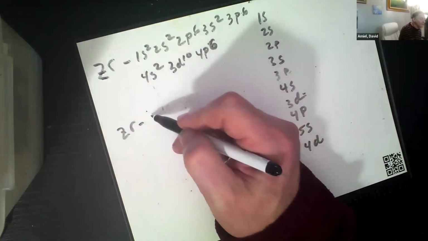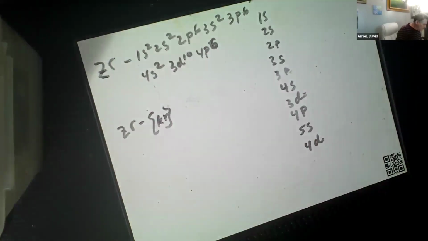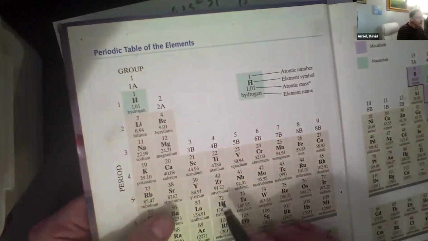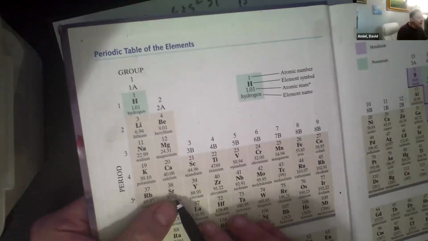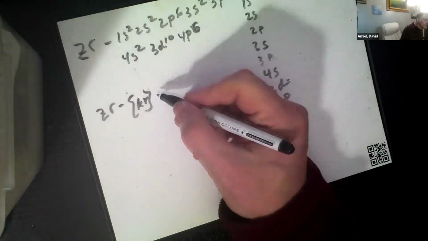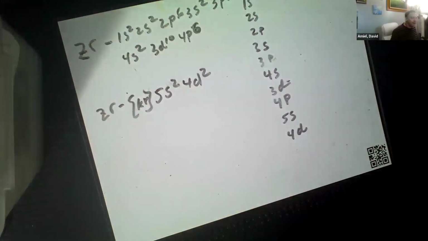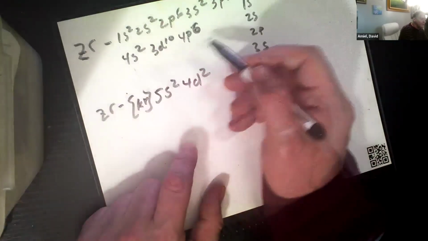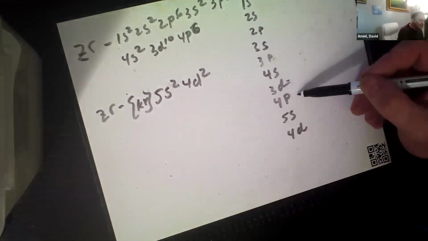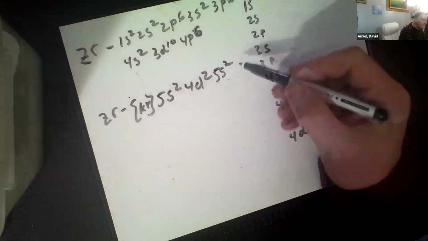If you're using noble gas configuration, this would be krypton, and then zirconium here is 5s2, and then we have 2 electrons in the d's. So it would be 5s2 and then 4d2, like that. But just to keep going with this one, I'm at 4p6, so I'm right there. Then I would write 5s2 and 4d2.